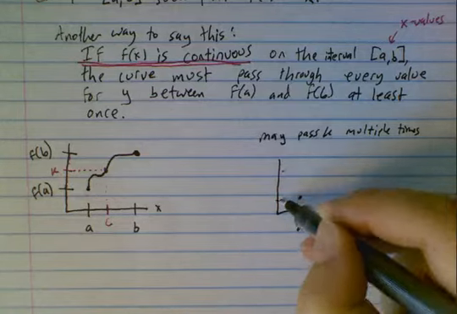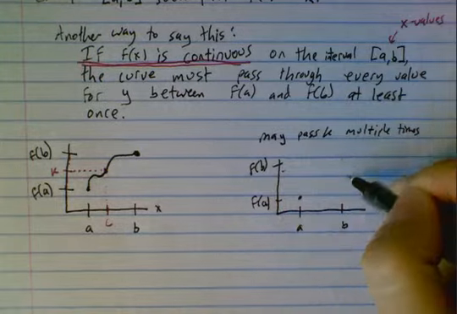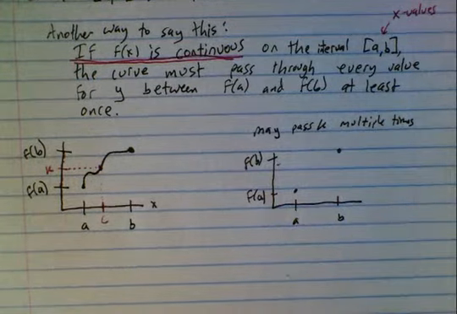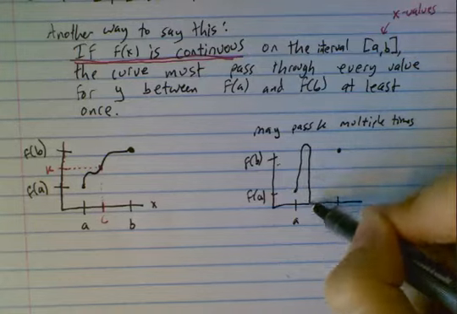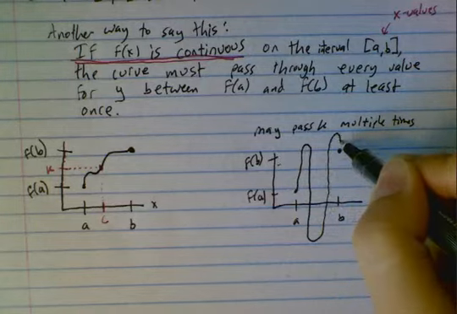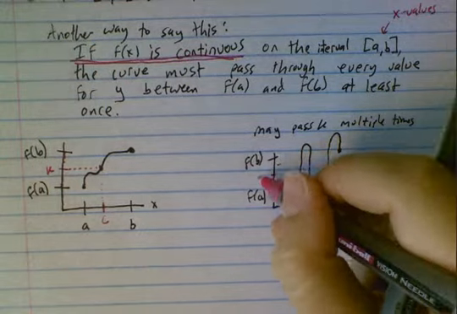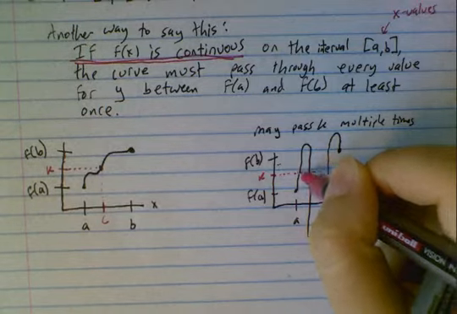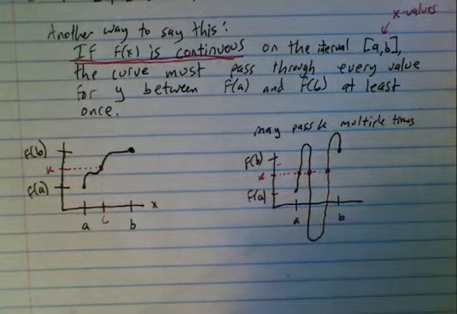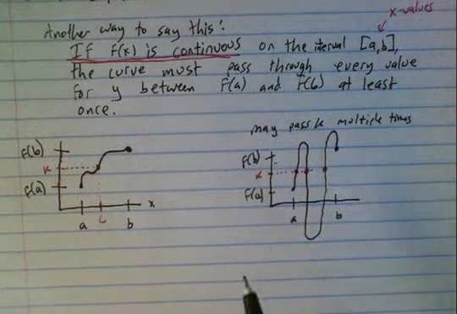Let's say we've got our same little drawing here. Maybe the function goes like this, woo, woo, and goes something like that. That's entirely okay. Notice that this says at least once.